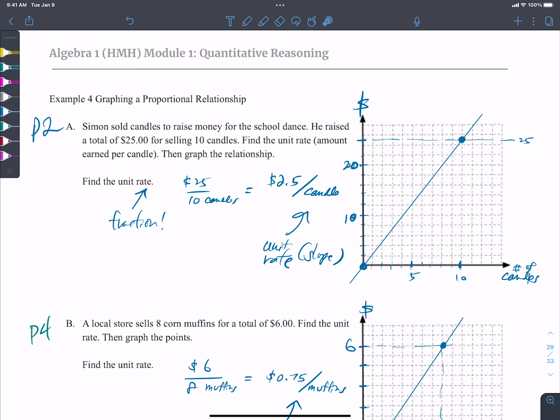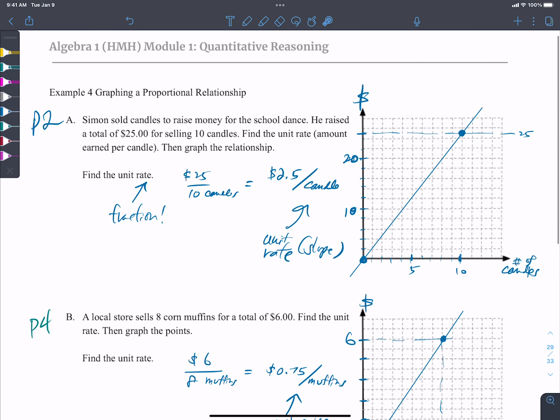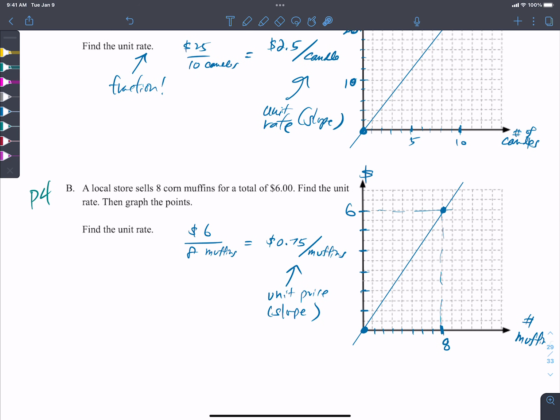So that will be the relationship, guys. So if you buy 10 candles, you just earned yourself $25, right? So the x-axis is the number of candles, the y-axis is the amount of dollars. So this graph represents the relationship between the money earned and the number of candles sold. It's a linear relationship. In the same idea, you get 8 corn muffins.